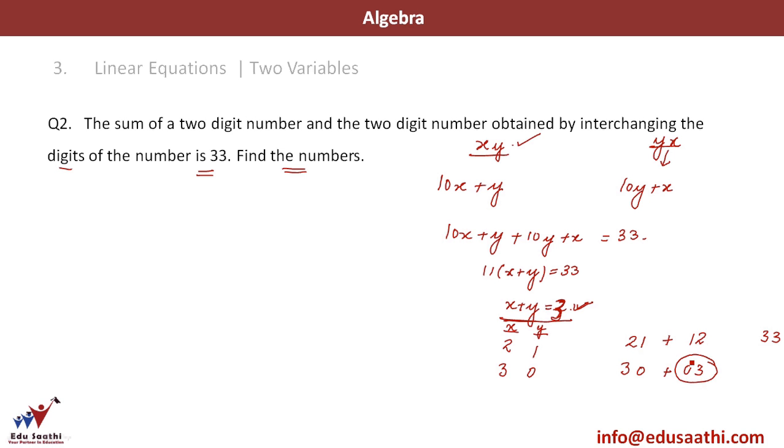Now this is not a 2-digit number. So the only case that I will have is 21 and 12. It will not be 30 because when you reverse it, it will give you 03, which is not a 2-digit number. And it is clearly stating that a 2-digit number formed by interchanging.